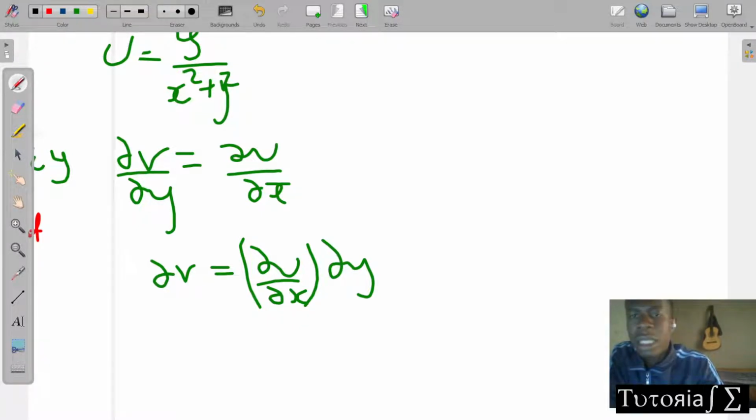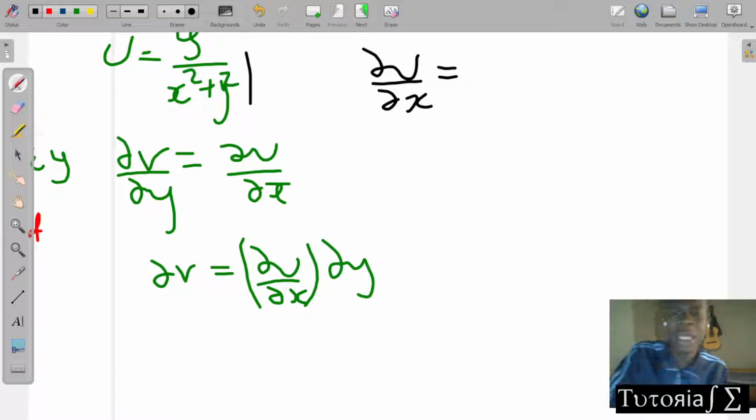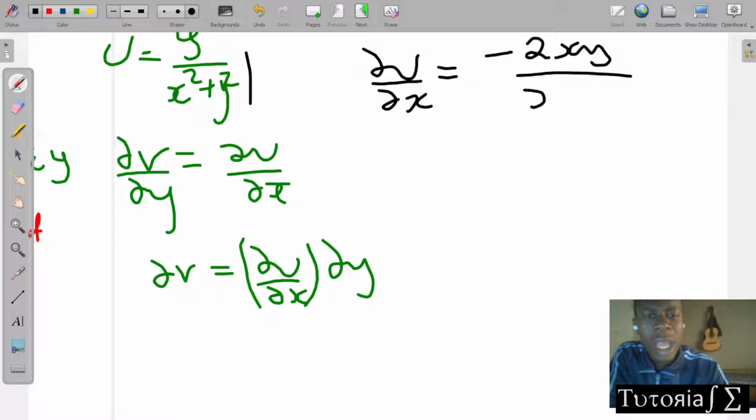So du dx, I'm differentiating this with respect to x. Since I can do this in my head, I'm going to have as my final answer 2xy all over x squared plus y squared, then everything squared.